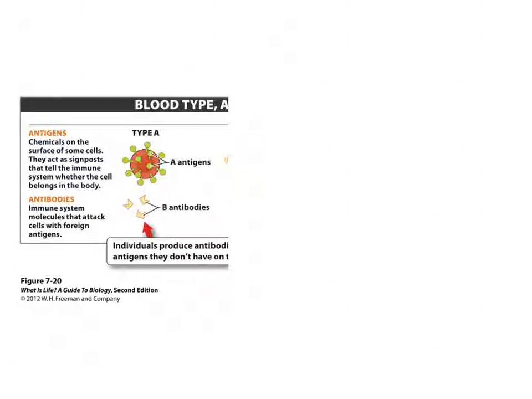When we look at a person who has type A blood, we see that they have type A antigens on their red blood cells. This means that their bodies are familiar with type A antigens and recognize that antigen as self. Because of this, these people will make type B antibodies. B antigens are unfamiliar or foreign to them, so their body will protect against it.